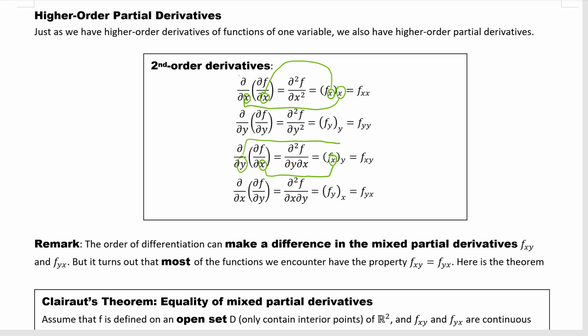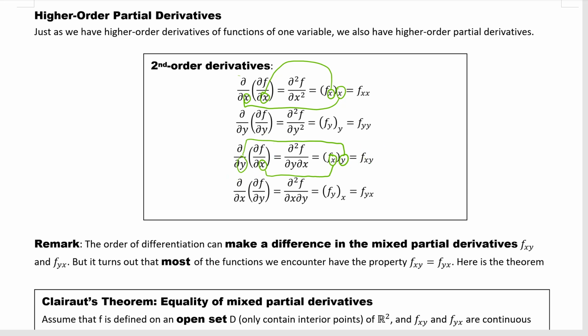This y corresponds to this y. So if we use this notation, we first evaluate from the right, partial f partial x, then to the left, take the partial derivative with respect to y. But using this notation, you read it from the left to the right. So you take the partial derivative with respect to x and then with respect to y.